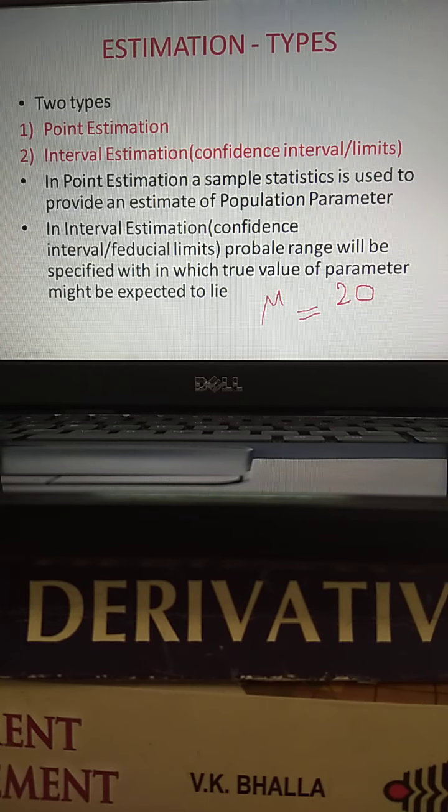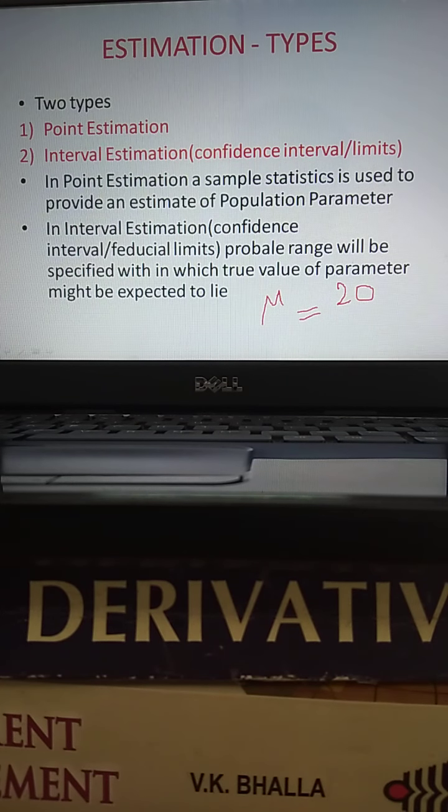Unlike that, if the population mean value is given in terms of intervals, lower limit and higher limit, you call such a kind of estimation an interval estimation. One more name is the confidence interval, or the fiducial limits. How do you provide the interval estimation?